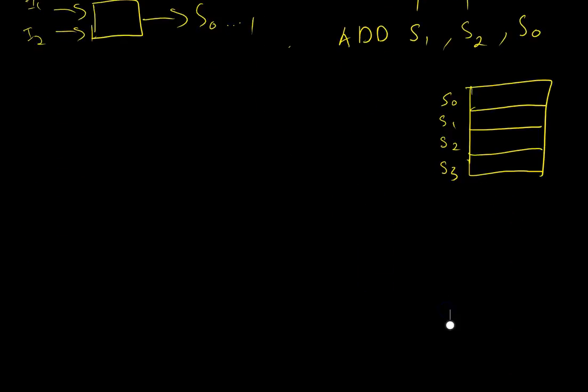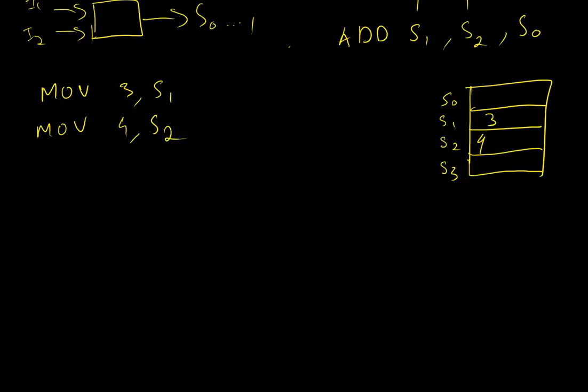So our little program is going to be, okay, move the number 3 into S1, and after that executes, from the last lecture you know that would mean the number 3 is now stored in this slot. Now let's also move the number 4 into S2, and now we have the number 4.